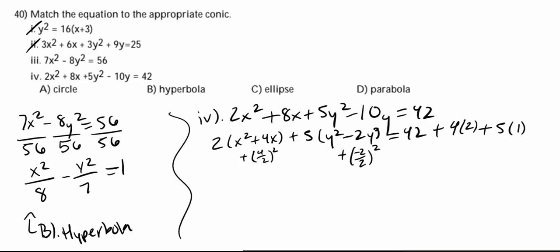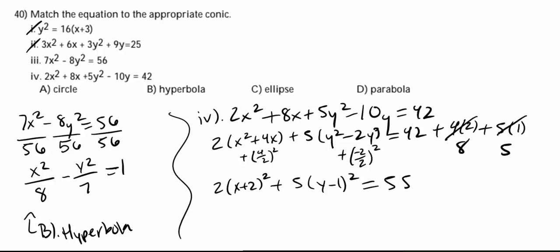So now, since we made these perfect squares, we can put this as 2 times x plus 2 squared plus 5 times y minus 1 squared equals, and 4 times 2 is 8, 5 times 1 is 5, 42 plus 8 plus 5 is going to go ahead and be 55. Now we can divide the entire equation by 55.